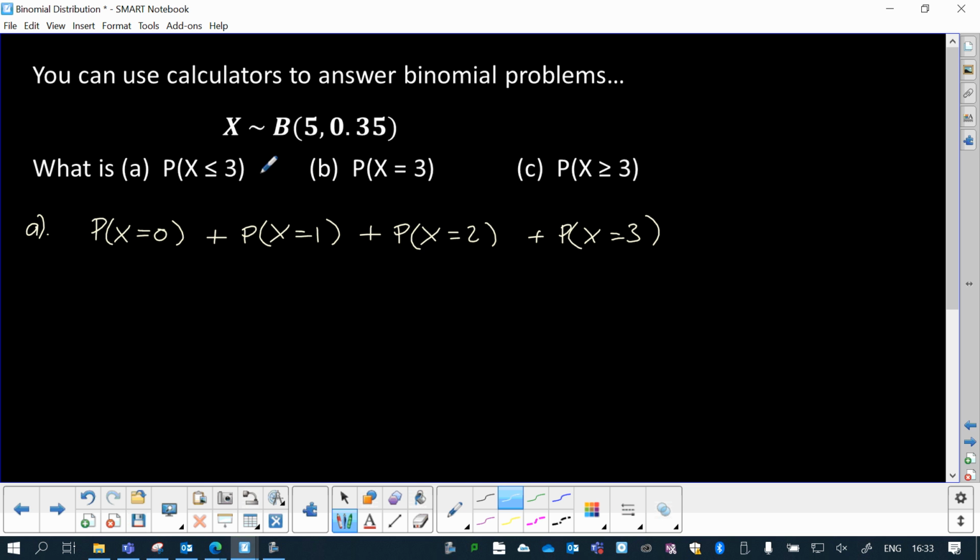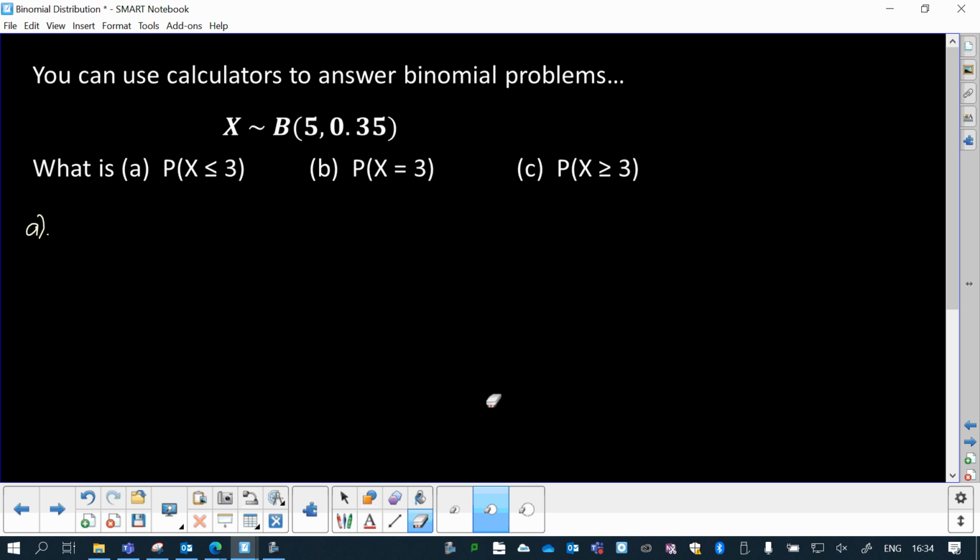And that's only less than or equal to 3. Imagine I'd asked you less than or equal to 15 when there are 35 trials. This is where we use what's called the cumulative binomial distribution function on your calculator. So let's have a look at how that works.